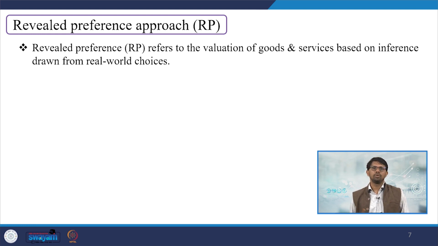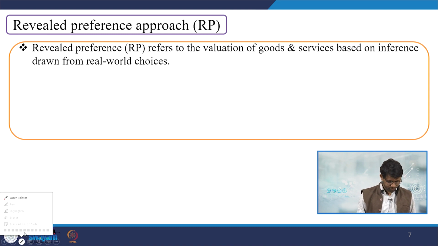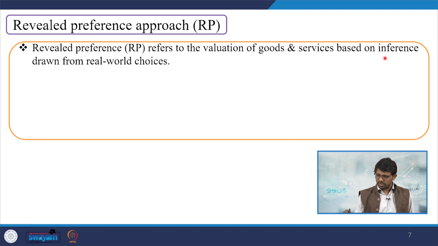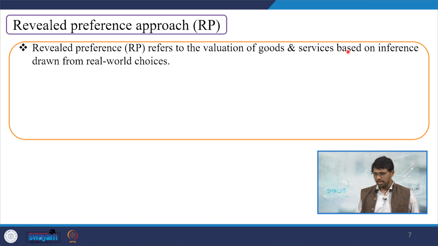This refers to the monetary valuation of goods and services based on inferences drawn. Okay, so the first aspect is the inferences drawn from the real world choices. So, what is happening around is more important.